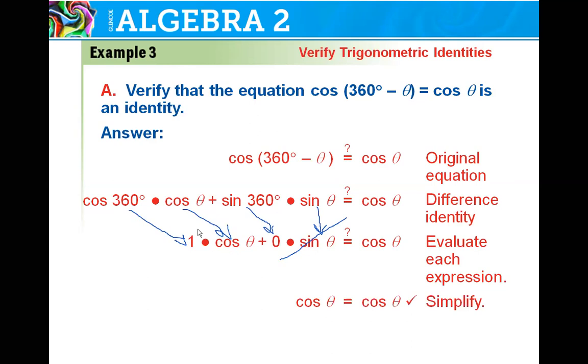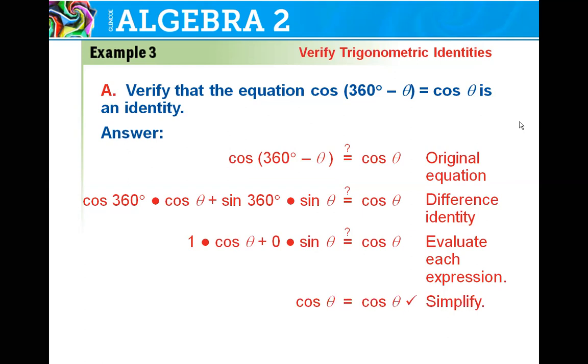To say it again: verify the equation cosine 360 minus theta equals cosine theta. We start from the left hand side, and we need to reach the simplest form, which is the right hand side. We apply the difference identity for cosine.